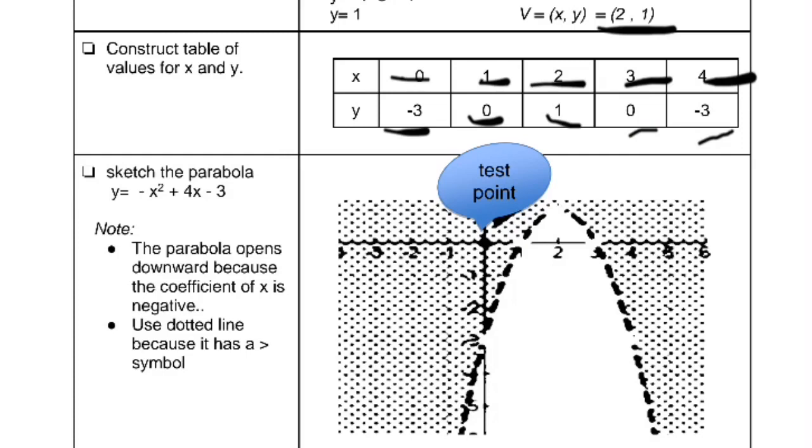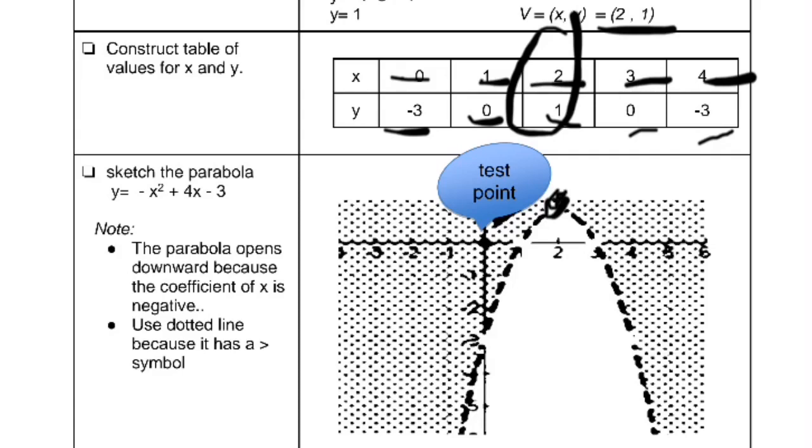Then after you have the table of values, you're going to sketch the parabola. You're going to plot the points from your table of values for x and y. First, graph the vertex (2, 1): 2 units to the right, 1 unit up.